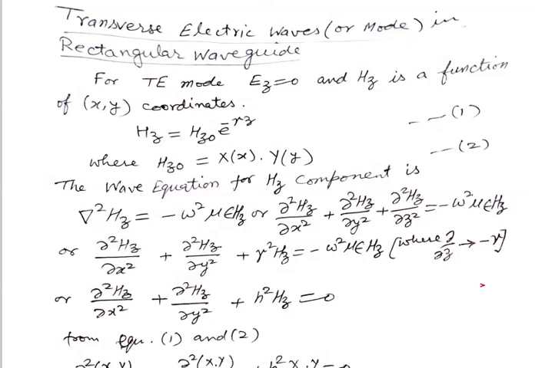When we separate it in rectangular coordinates, this becomes del 2 Hz over del x square plus del 2 Hz over del y square plus del 2 Hz over del z square, and it is equal to minus omega square mu epsilon Hz.